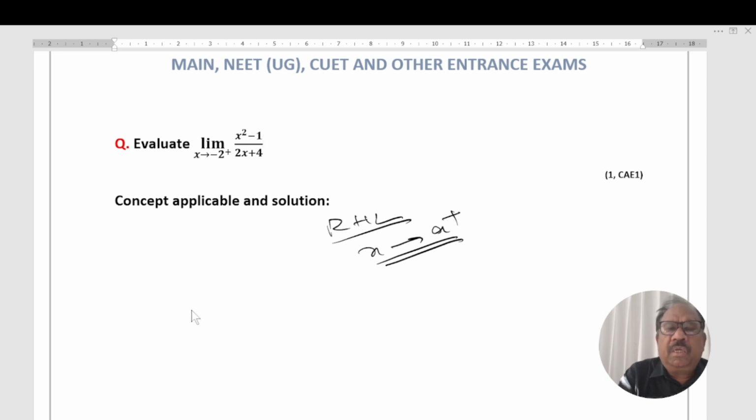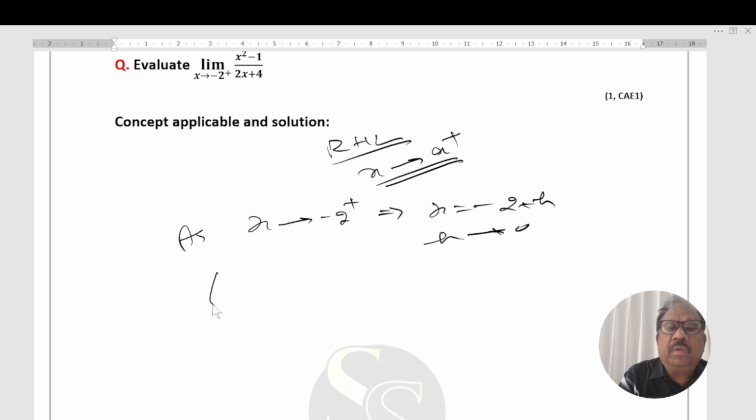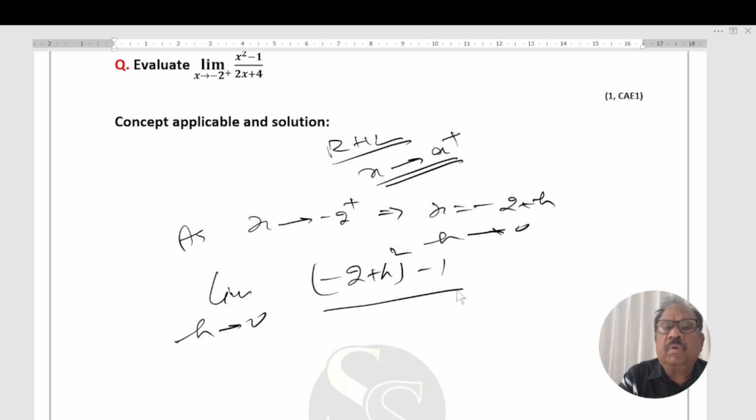As x tends to minus 2 plus, x is minus 2 plus h, where h tends to 0. So the limit h tends to 0 of ((minus 2 plus h) whole square minus 1) upon (2 times (minus 2 plus h) plus 4).